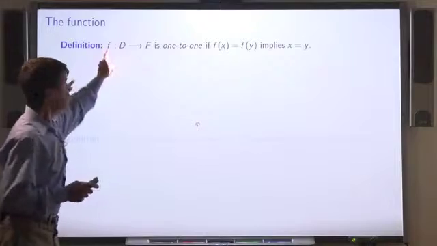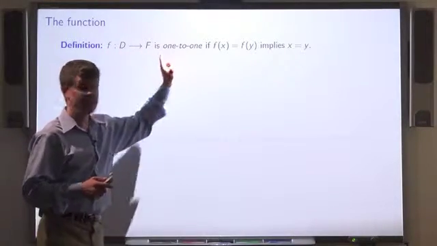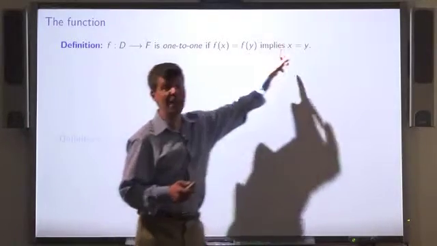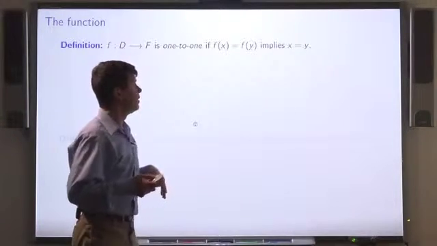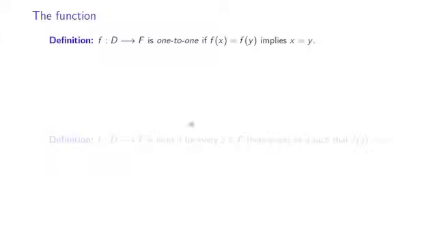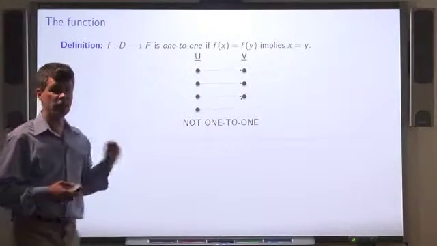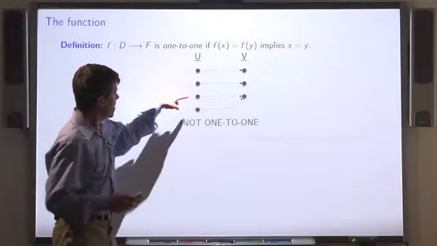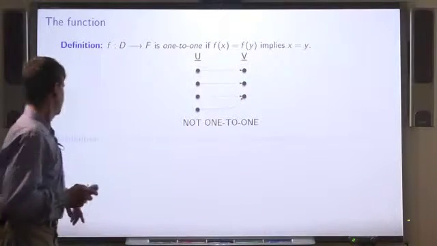Now, a function f from D to F is said to be one-to-one if f of x equals f of y implies x equals y for every x and y in the domain. That means that there are no two distinct elements that have the same image. So here's a picture of a function that's not one-to-one, because these two elements of the domain have the same image.